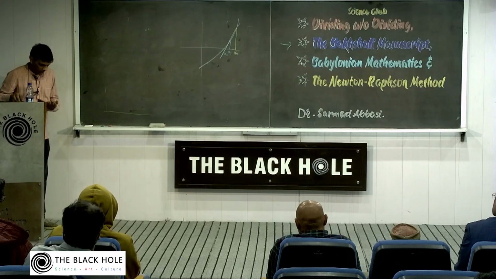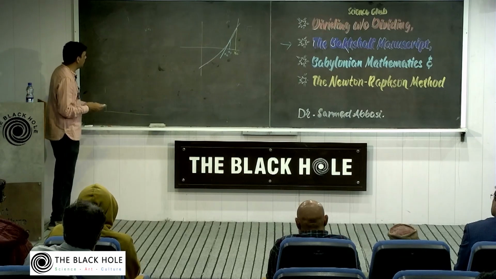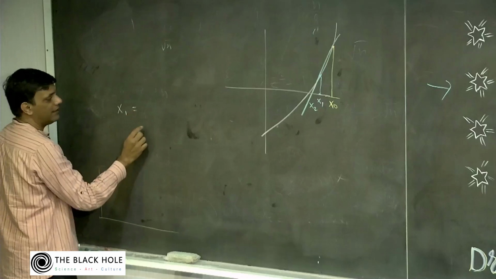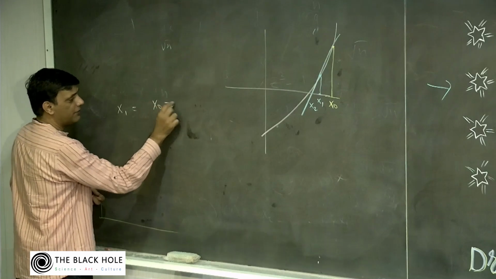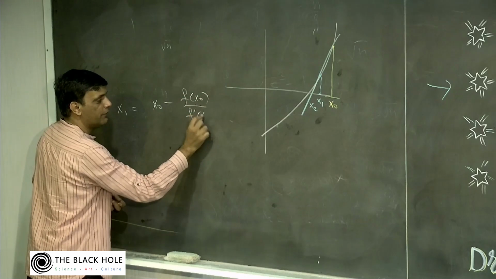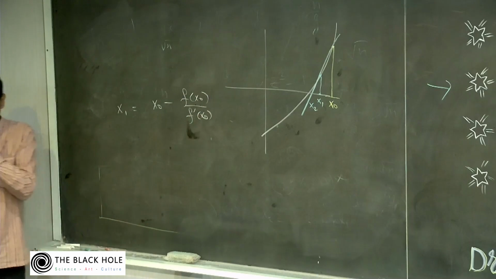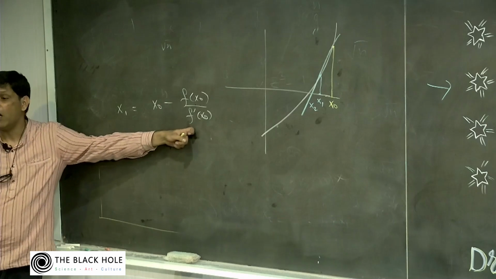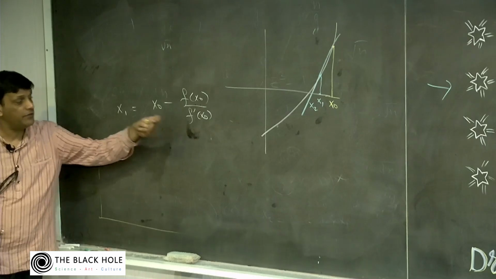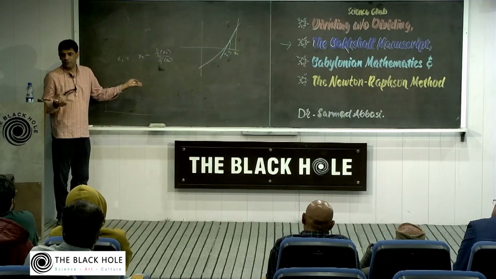Another way of thinking about it is our iteration was x1 is equal to x0 minus f of x0 over f prime of x0. Now I don't know how to compute this derivative, so I do a linear approximation of it.